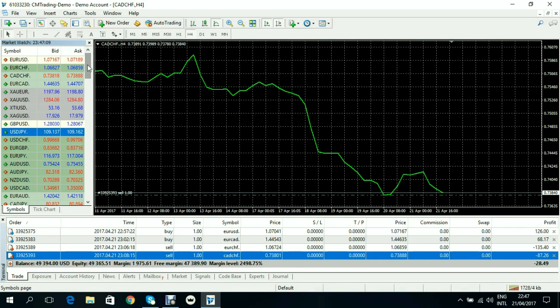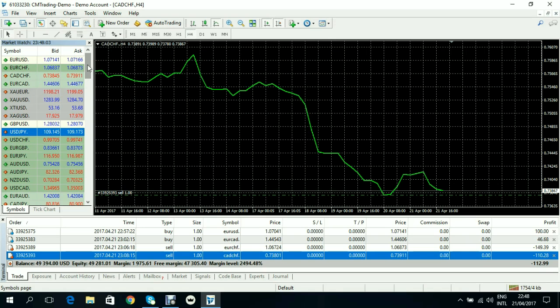Alright. So if you choose, say, your major 4 pairs or instruments that you want to be trading on, you have to determine the one with the best probability of profiting using all the 3 types of analysis that I will be talking about.